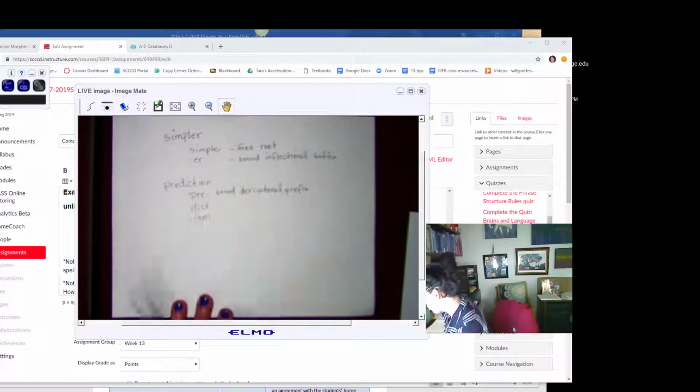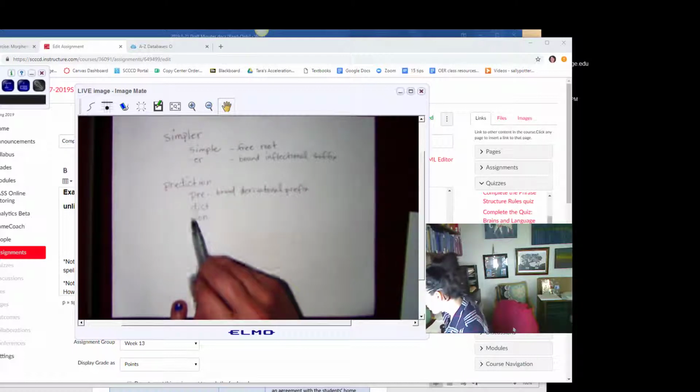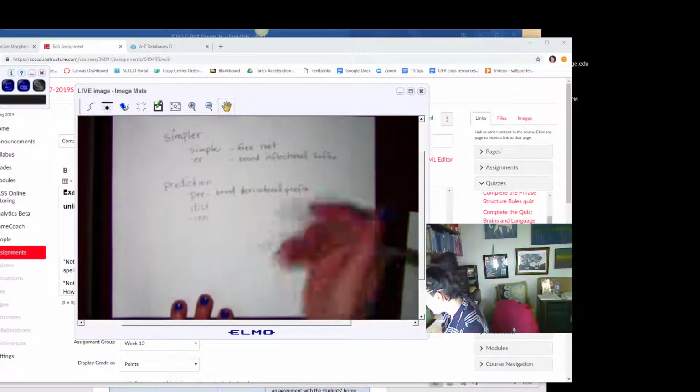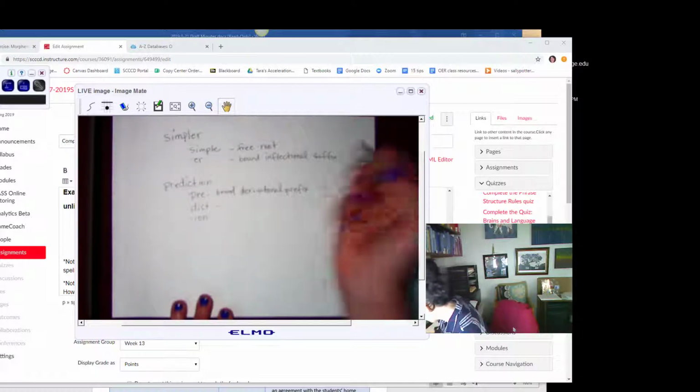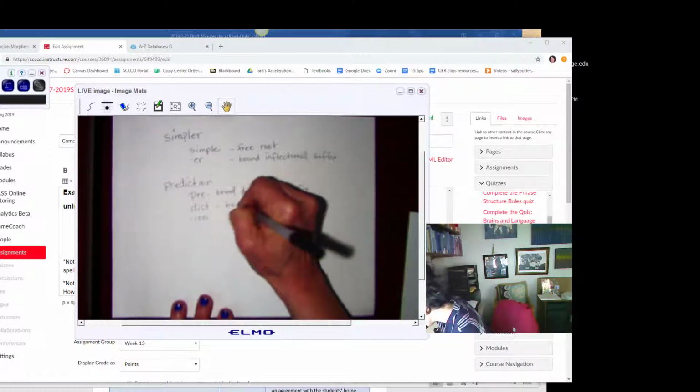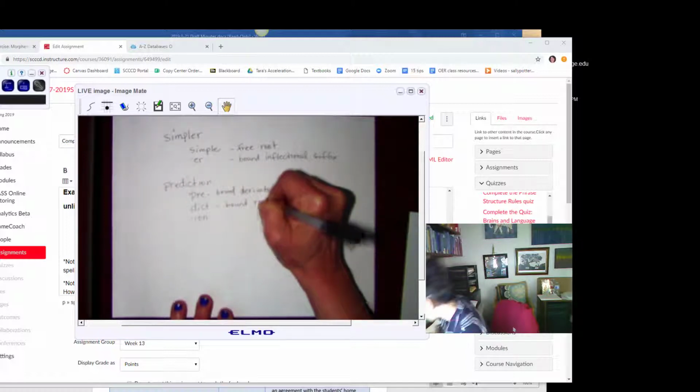This is not a word by itself, but we could see that it does have some meaning, and it does appear in other words. For example, diction, dictionary. So it does have some meaning, and it is the root of this word. So we call it a bound root.